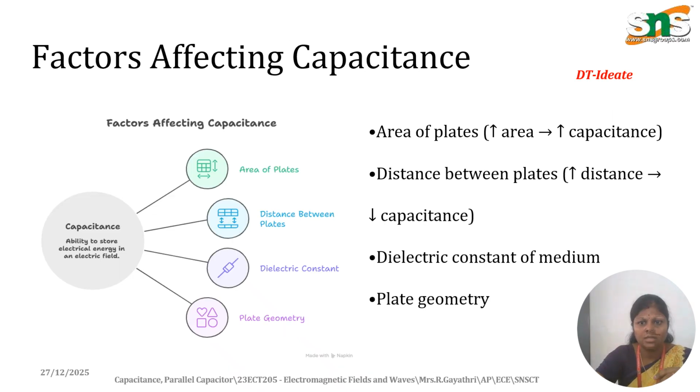The factors affecting the capacitance: when we are using the parallel plate capacitor, the distance of separation, that is d, affects the capacitance. If the distance is high, the capacitance will be reduced. Another factor is the area of the parallel plates. When the area is high, the capacitance will also be high.